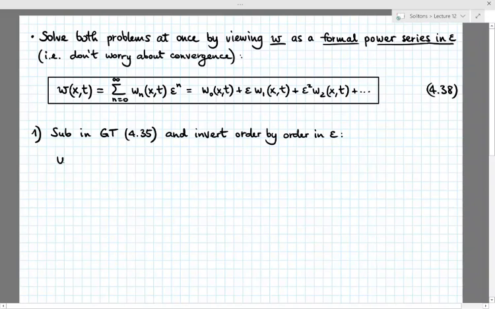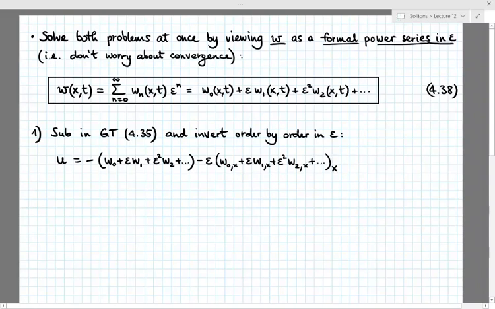So I remind you that the Gardner transform said that u was equal to minus w, that's minus w_0 plus epsilon w_1 plus epsilon squared w_2 plus higher order terms, minus epsilon times w_x, so that's w_0,x plus epsilon w_1,x plus epsilon squared w_2,x, etc., all differentiated with respect to x, minus epsilon squared w squared, so that's w_0 plus epsilon w_1 plus epsilon squared w_2 plus dot dot dot, all squared.